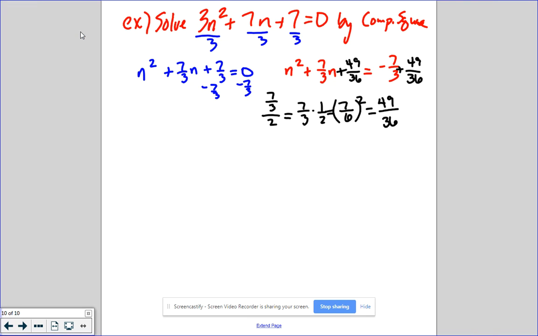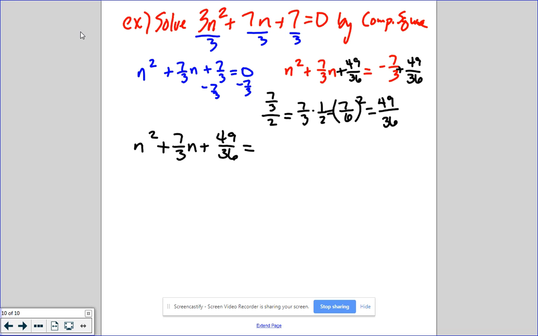So now I've got to simplify. I've got the left side, I can't really simplify right now. We're going to leave it as is. But the right side, how do I add fractions? I have to have a common denominator. What's my common denominator going to be in this case? 36.